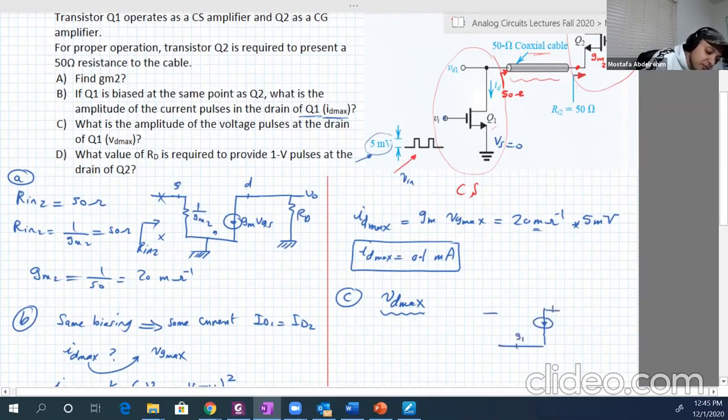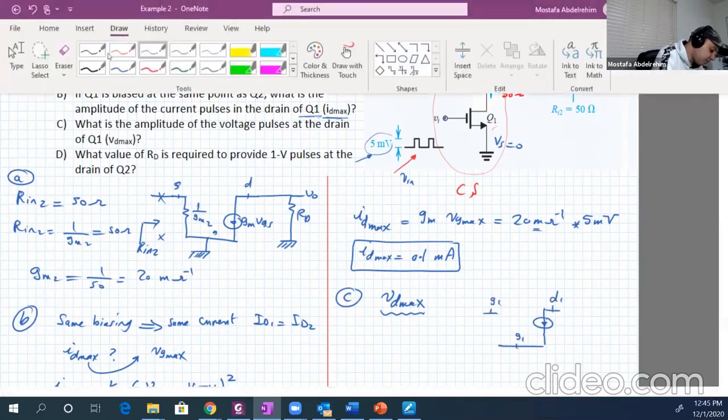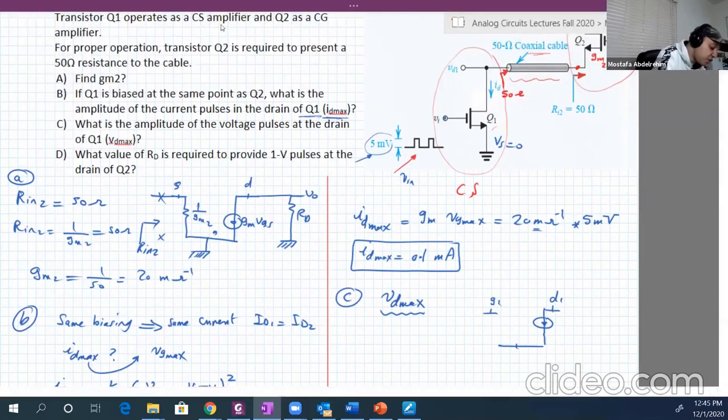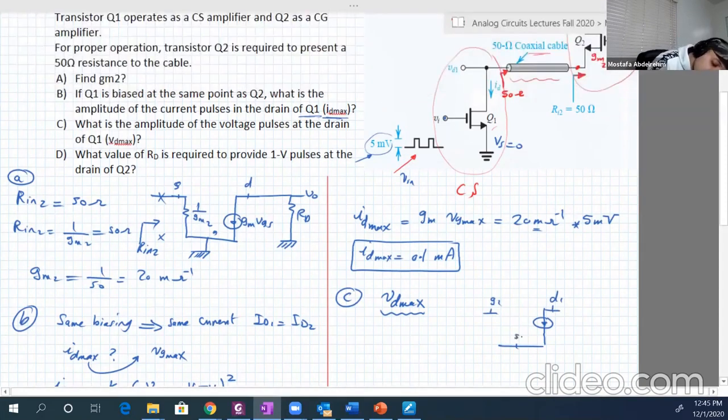So this is gate 1, drain 1, and here is the source. Usually for common source amplifiers, we draw the original version of the equivalent circuit. Source 1 is connected to ground. Between gate and source there is an open circuit and a voltage vGS1. Then you have the input vg.